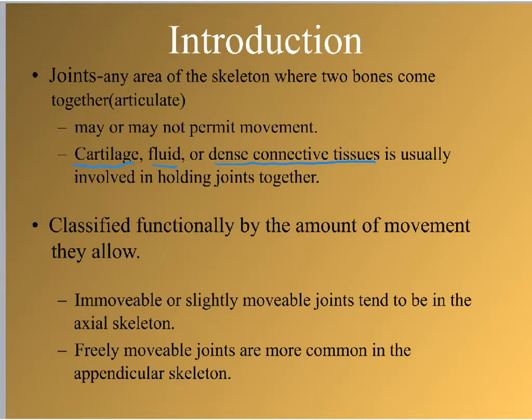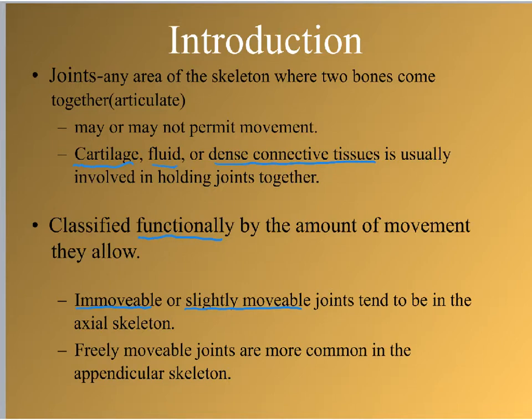So the way that we classify joints is functionally, by the amount of movement that they allow, so based on how they function. There are immovable or slightly movable joints, and these tend to be in the axial skeleton.